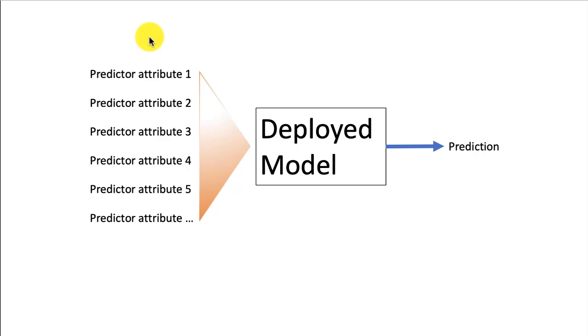The point is that when we use the deployed model, we are going to use a certain bunch of predictor attributes. So at the time of deployment, we need to ensure that whatever we use as predictor attributes in the model should be attributes that will be available at the time you deploy the model.